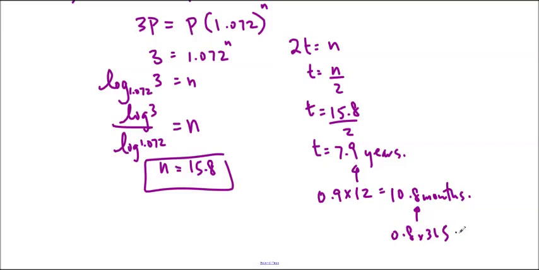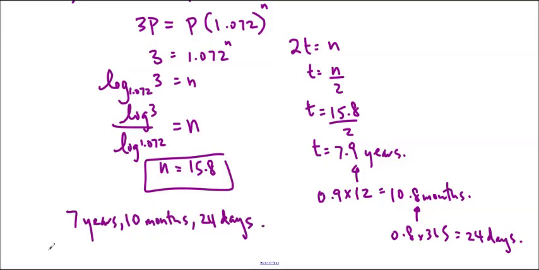And it gives me 24 days. So it's 7 years, 10 months, and 24 days, if we want to be super precise. So that is the amount of time she needs to invest it.